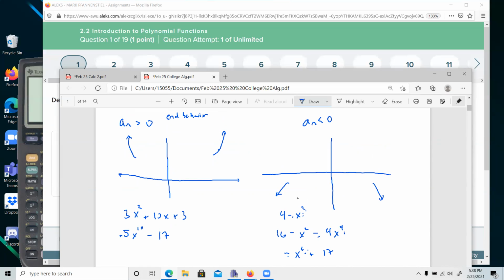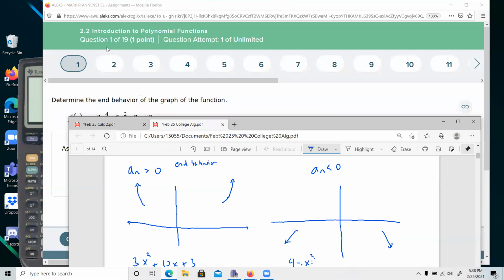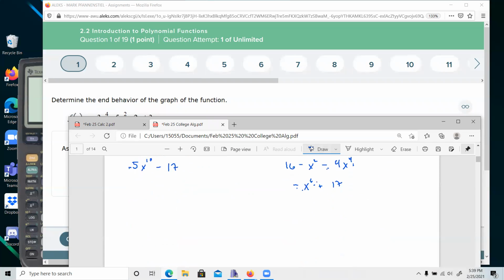Now, the rest of these little terms in here are going to be responsible for what wiggles it's going to have here, but the overall behavior, right, the end behavior is going to be dictated by these first terms here. Okay. And I think they just have us go through and do that a couple of times.